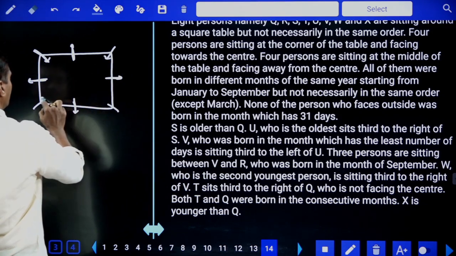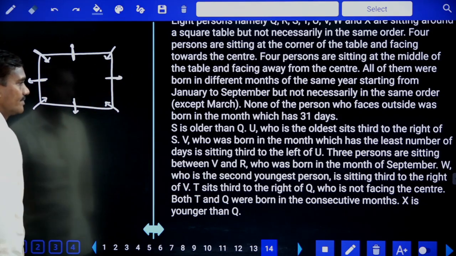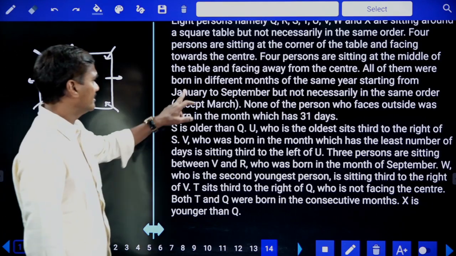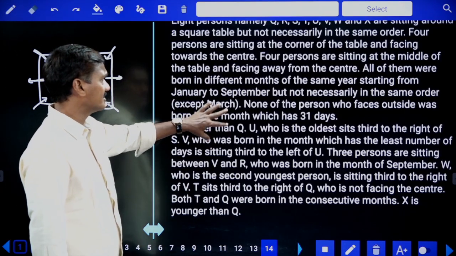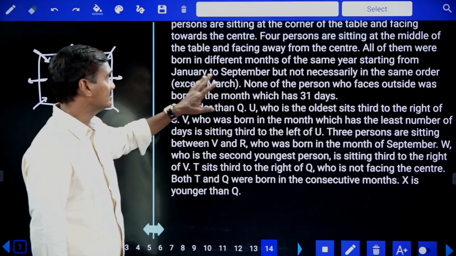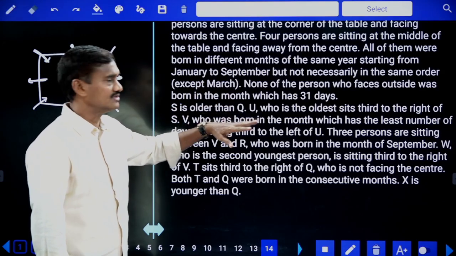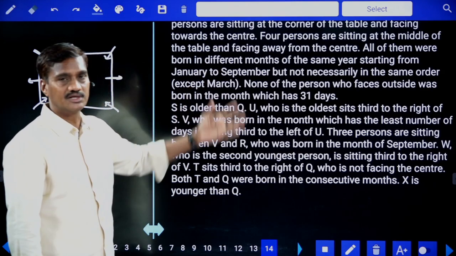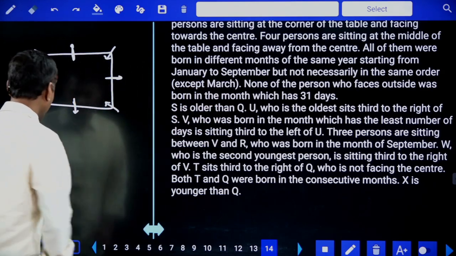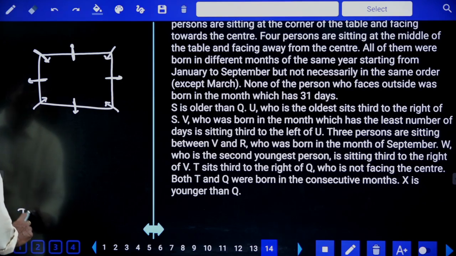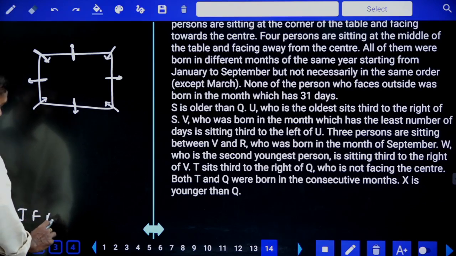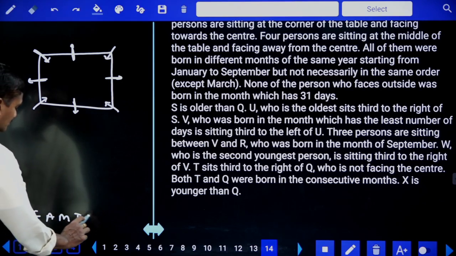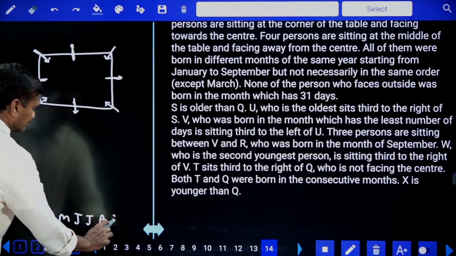And all of them were born in different months of the same year, starting from January to September, except March, remaining 8. Hence, what are the months we have? Jan, Feb, March is not there, April, May, June, July, August, and September.